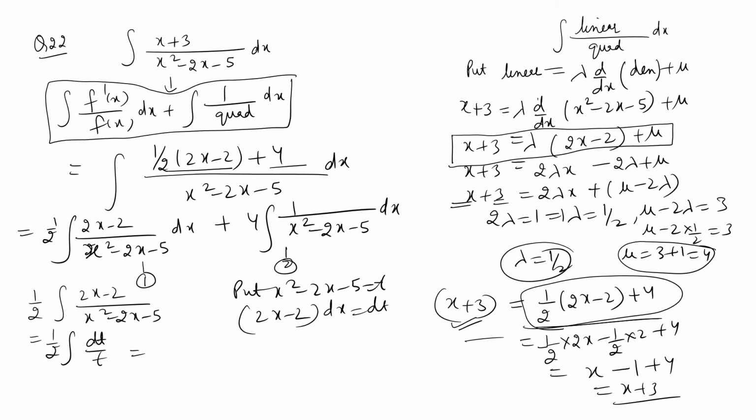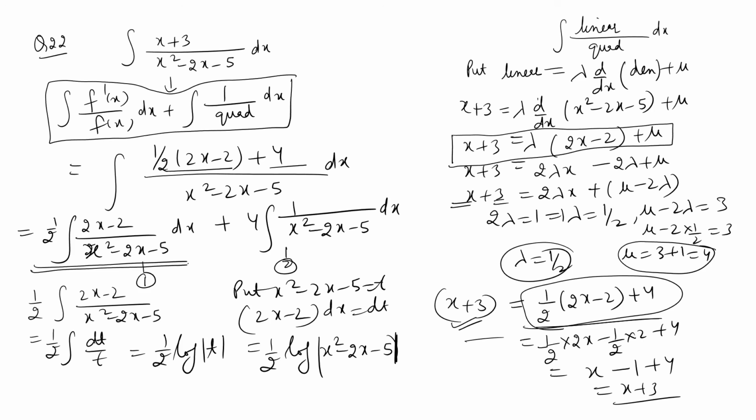Or you can directly write it, since it is of the f dash x upon f x form: half log mod of x square minus 2x minus 5. I am not going to put c because I have just solved this part. Next is 4 times the integral of 1 upon x square minus 2x minus 5.